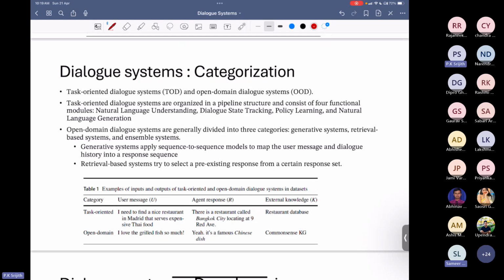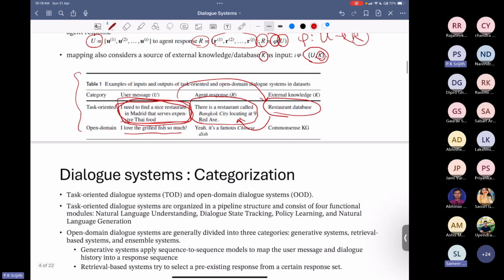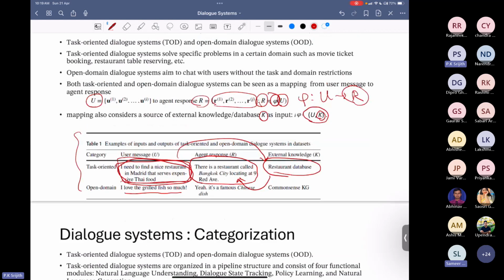Yeah. So when it comes to task-oriented dialog systems, as we see, it has to solve some specific task. It has to find out the intent of the user, what the user is asking about, and on which domain. This is all about the restaurant domain, right? Or food domain. So it has to identify which domain the user is talking about so that it can query the appropriate database.